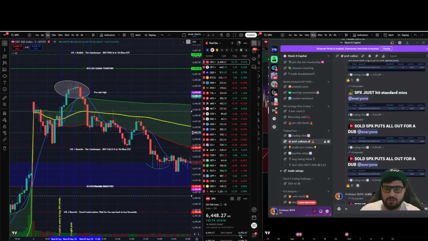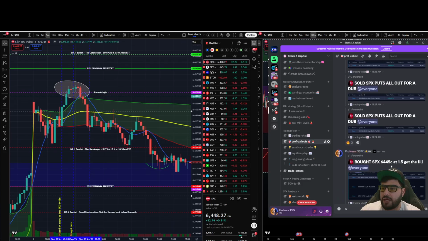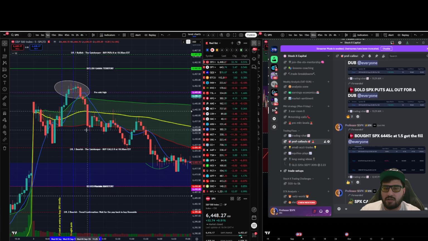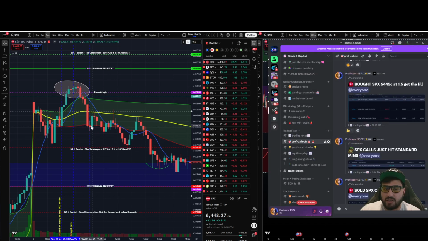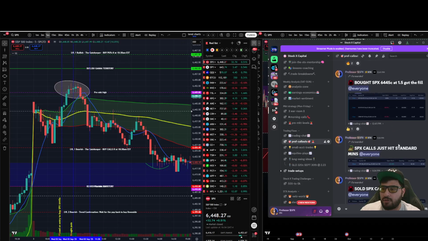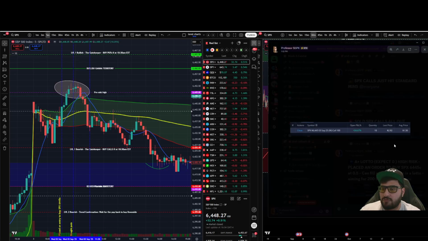So right when we got to the lower WAP, we sold the puts right there and then, and we banked that 100%. The call filled at that particular point. We got the fill. The SPX, once it filled, ripped to the WAP here. We sold the calls for another 90%.